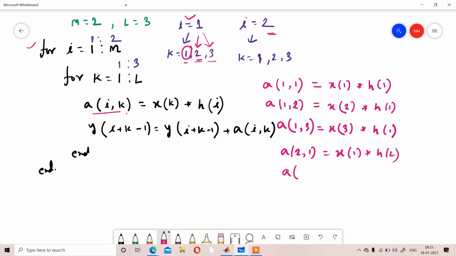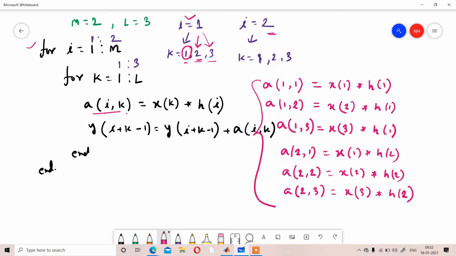Again for I equal to 2, k equal to 2, x2 h2, and for I equal to 2, k equal to 3, x3 h2. So these are the 6 parameters total you will get, considering the value of m and value of l. Clear how we are getting the a? Clear?